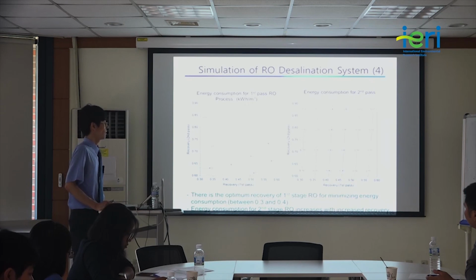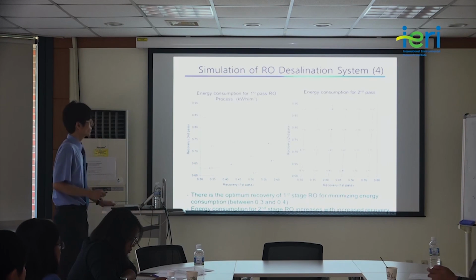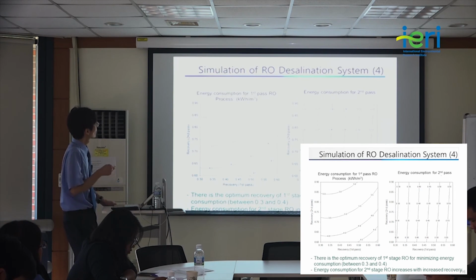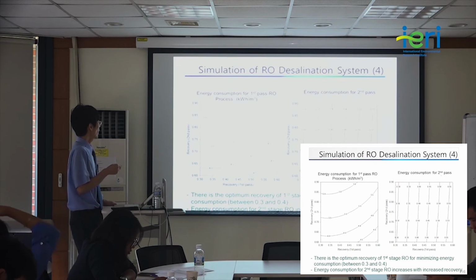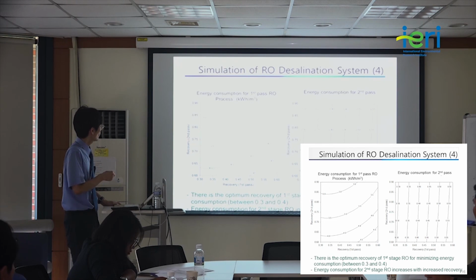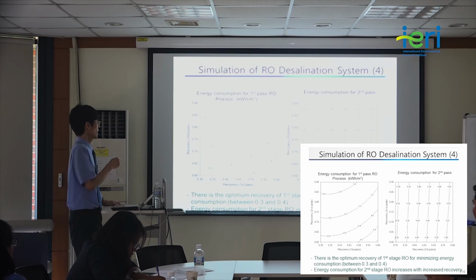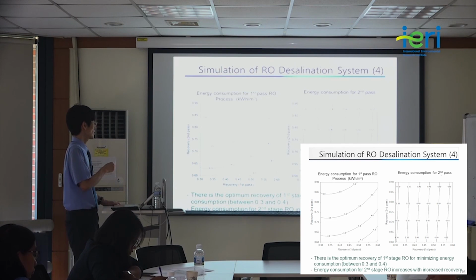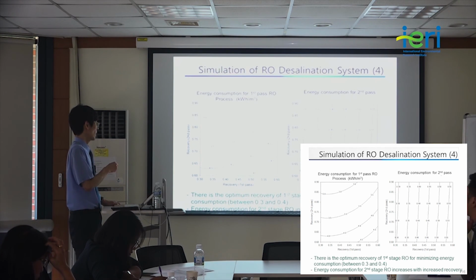How about this first pass reverse osmosis? It's quite interesting to see how it changes with the recovery. In fact, if you adjust the first pass recovery, around this 35% of recovery, it shows the minimum value. And if you have a lower value, it's not quite sure, but if you closely look at that, the energy consumption slightly increases here.